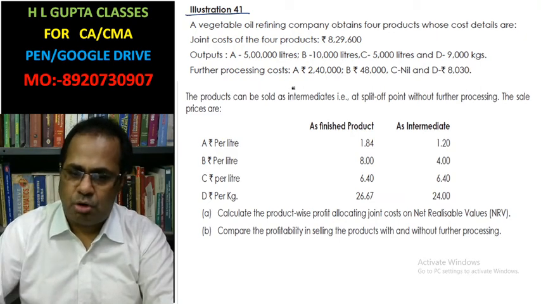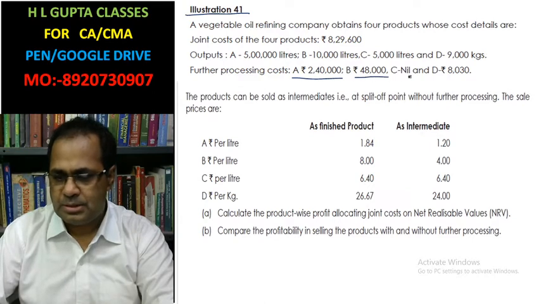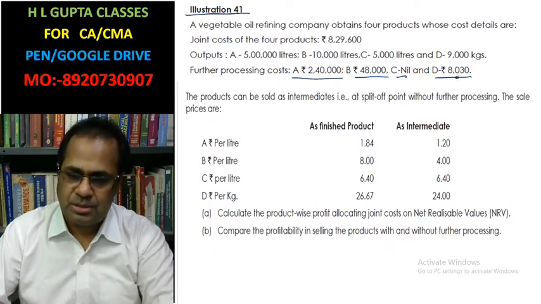Further processing cost is given. C is nil, which means A, B and D are further processed and C is sold at the split-off point. The product can be sold at the intermediate stage, that is, at the split-off point.